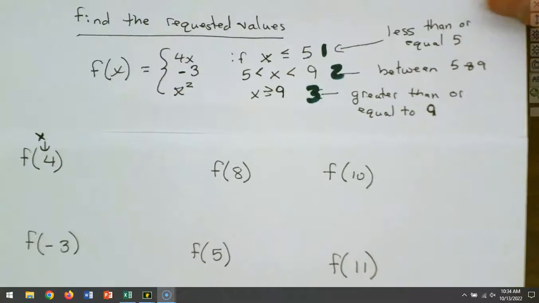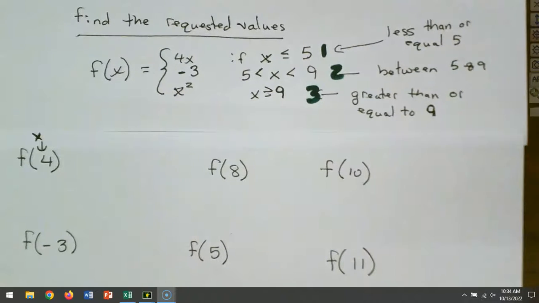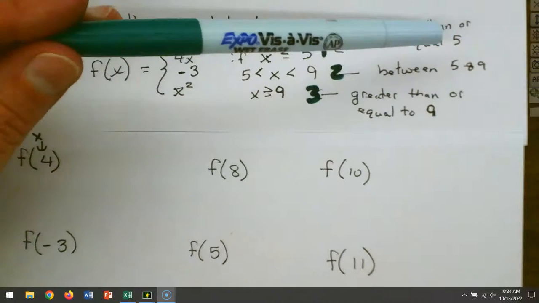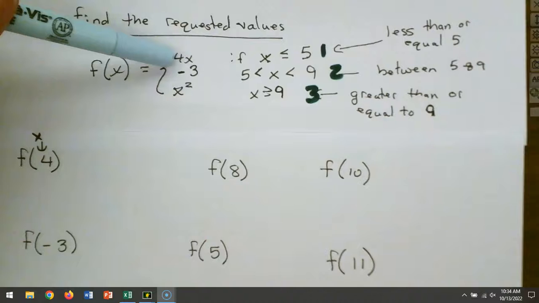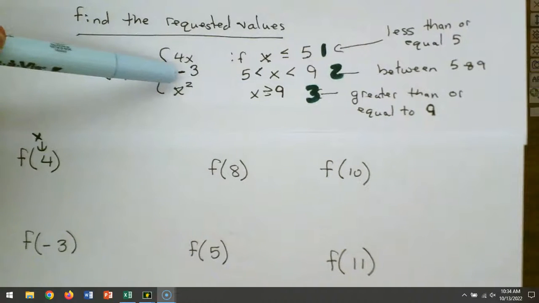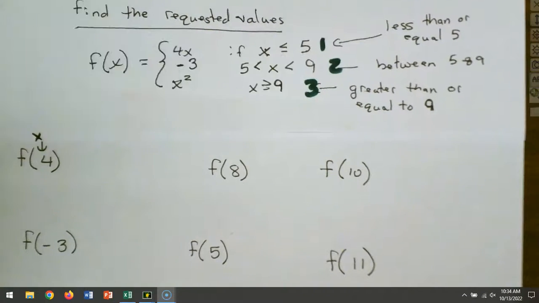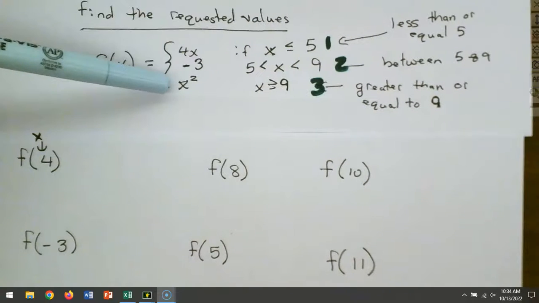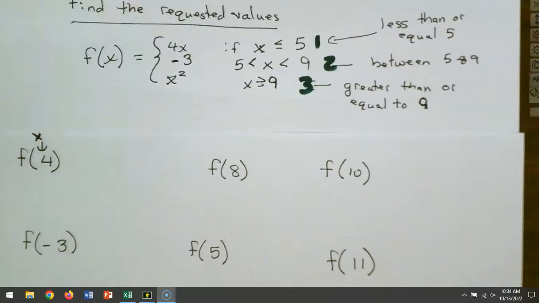Okay, so this is a piecewise defined function. It's done in pieces. So the first row, if your number is 5 or less, it goes in this row. If your number is between 5 and 9, it goes here. This is your function that you use. If it is larger than or equal to 9, it goes here. So I'm going to have you plug these values in and see which one it goes into, and then find the correct value.